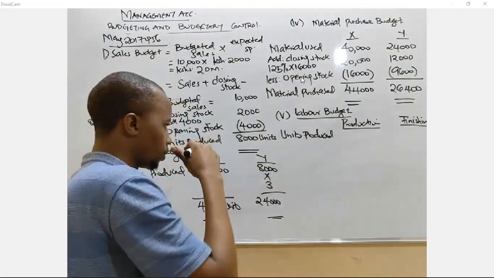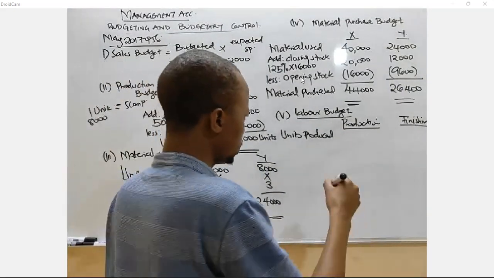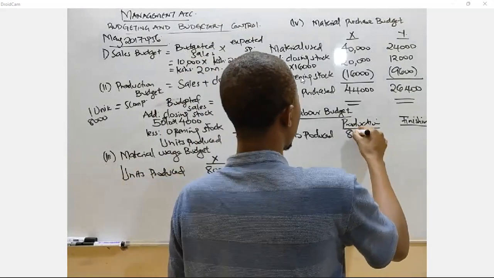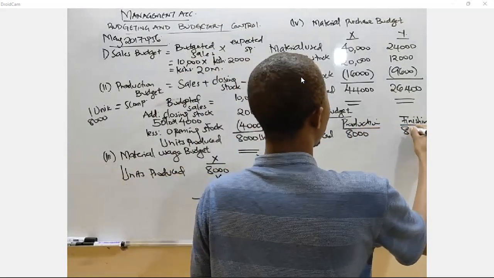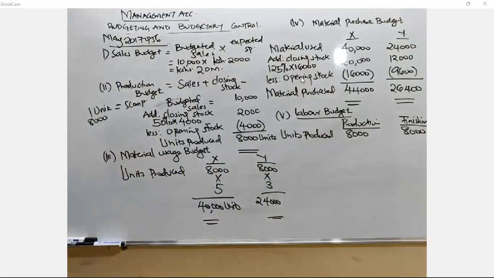The production will be 8,000 units, like that. Now, when you look at additional note number 3, the examiner is telling you that the production cost of each unit requires the following labor hours. So 1 unit will be requiring 1 unit.